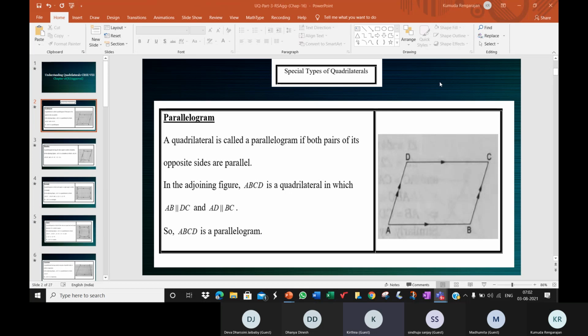Ma'am, can you repeat that, ma'am? Yeah, give the heading special types of quadrilaterals. Under that, first one, parallelogram. We are trying to list out the properties of a parallelogram. So the first one, both pairs of opposite sides parallel.